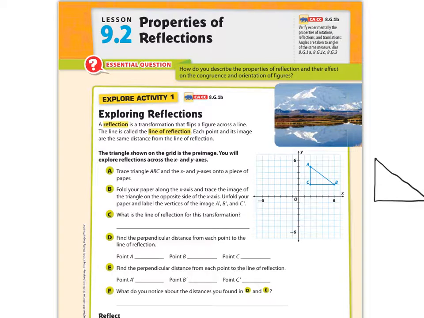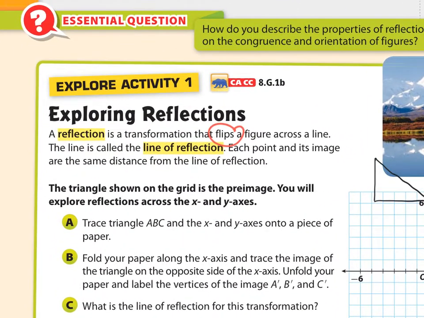So some vocab for you is a reflection is our second type of transformation. Remember that our first one is called translation in 9.1. And a reflection means that we're going to flip a figure across a line, and that line is called the line of reflection. I want you to think of that as like a mirror.